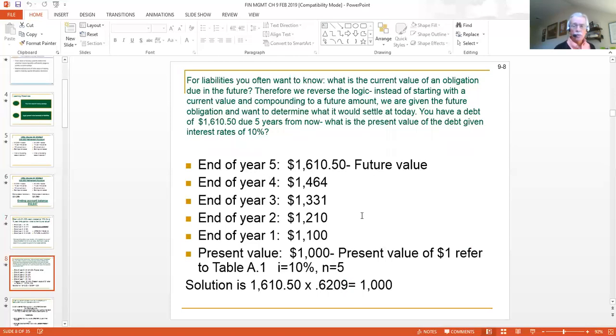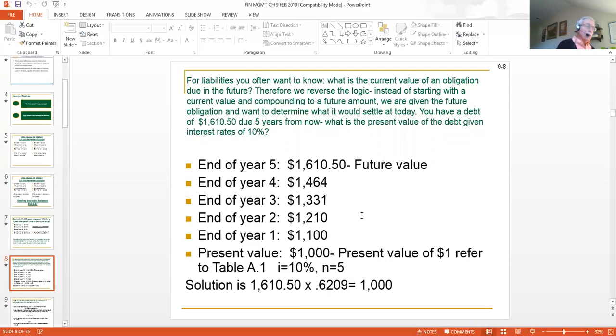So using the present value function, or PV, input as a rate 0.10, the number of periods being 5, and the future value amount negative $1,610.50, and you will find that the answer is $1,000.